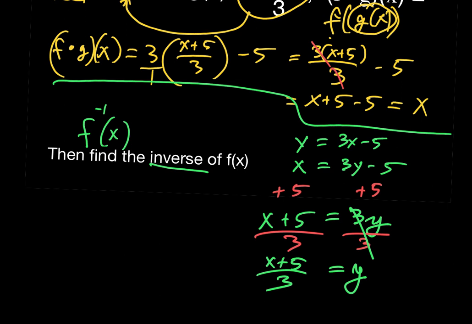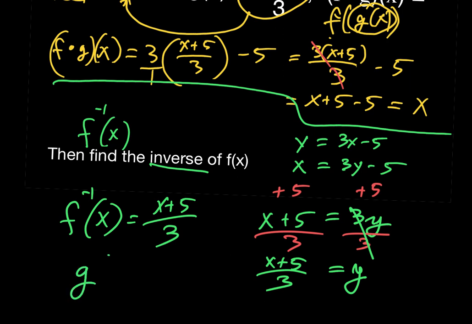Once I get it like that, then that y is my inverse function. f inverse of x is equal to x plus 5 over 3, which at the beginning part of this equation was also what the g of x function was. All right? But that's how you find the inverse.